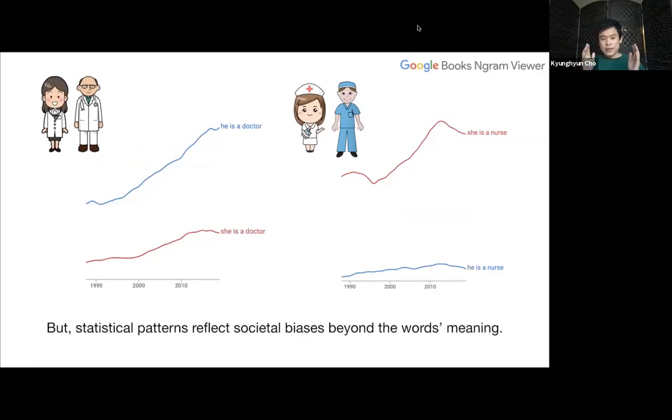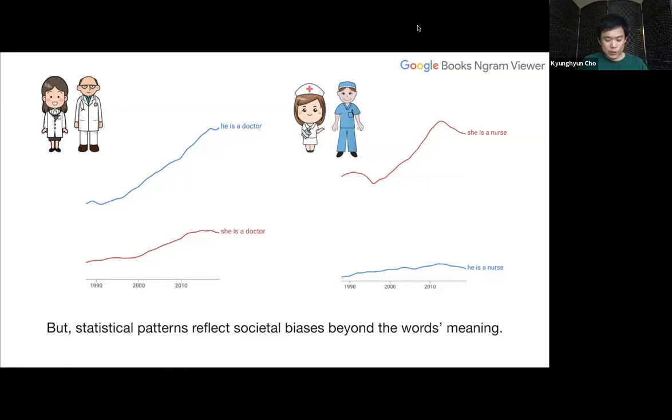In other words, the statistical patterns that we see in terms of the co-occurrence between a gendered pronoun versus either doctor or nurse reflect not the true nature or the true intrinsic meaning of the word doctor or nurse, but how these occupations manifest themselves in this society. And then it actually reflects the undesirable bias within the society beyond the word's true meanings.